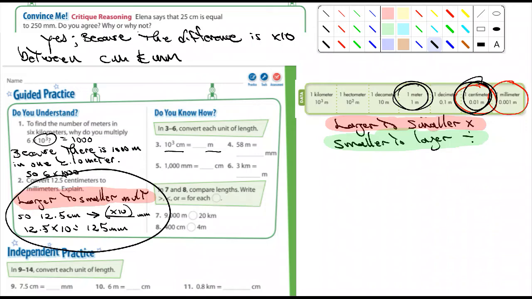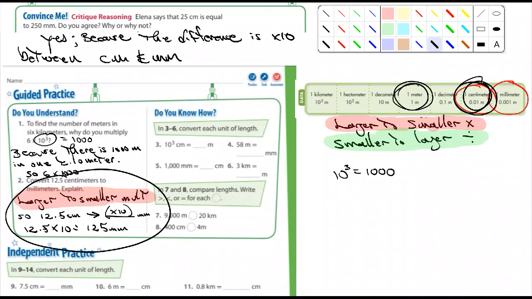A meter is larger. So we're going from smaller to larger, right? So here's the centimeter, and it says 1,000 centimeters. 10 to the third, right? 10 to the third equals 1,000.